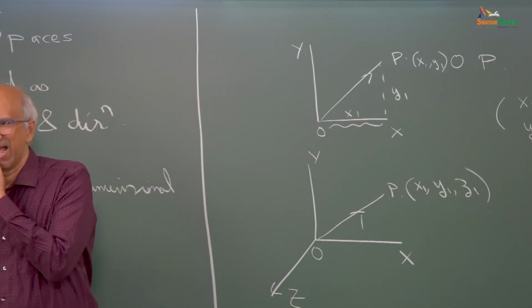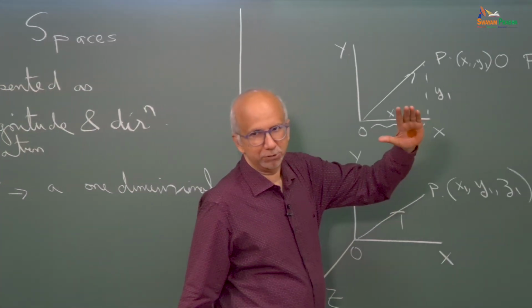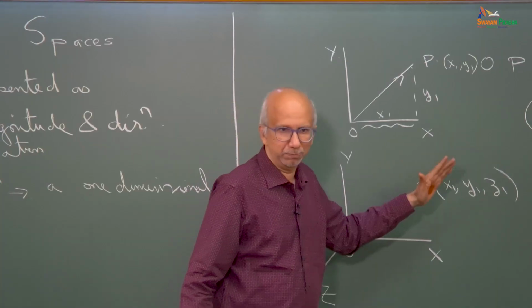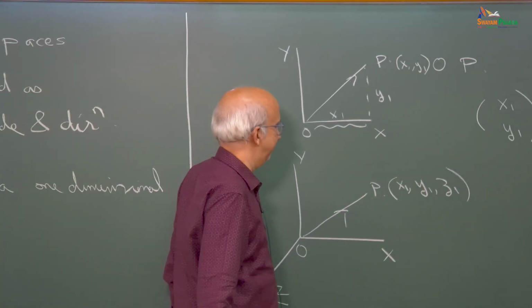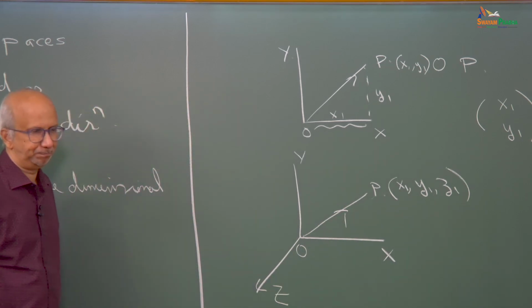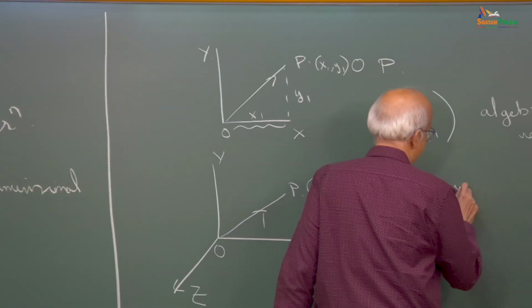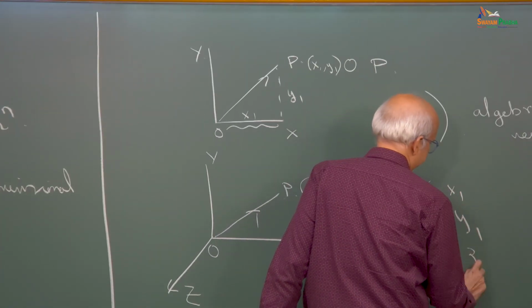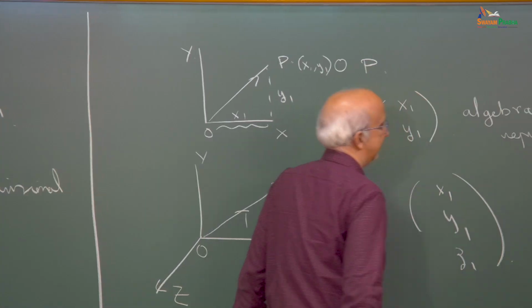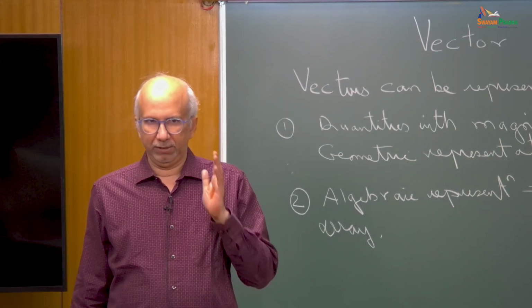This is basically projecting outside, but I cannot draw it outside, so I just project it here. So, the point P is specified by 3 coordinates. This is your vector, and the algebraic representation will be x1, y1, z1. That is what I was trying to say, that we are representing the same quantity either algebraically or geometrically.